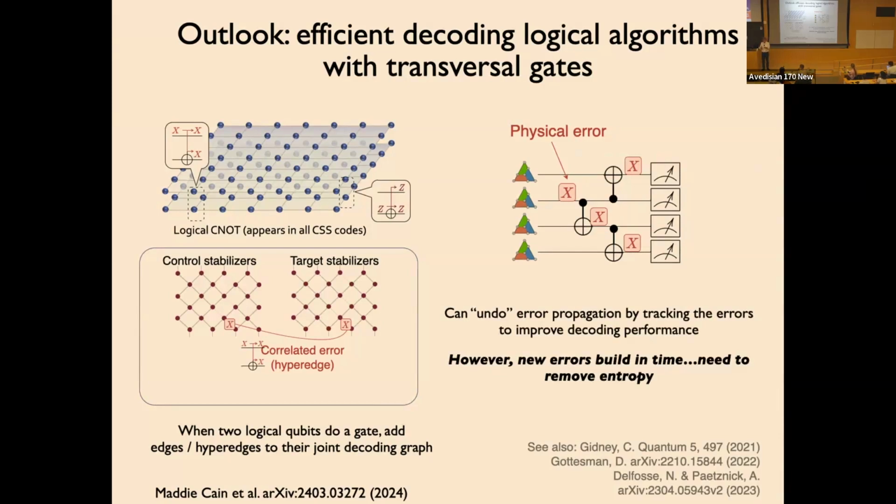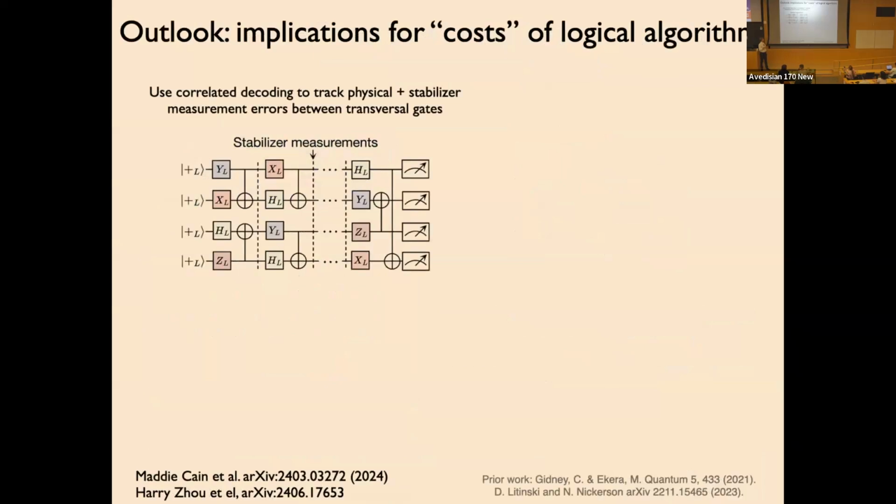So error correction is still needed; you need to reduce the entropy. And it turns out that if you do a Clifford circuit, by periodically doing these stabilizer measurements, you can precisely decode the circuit as a whole, and you can do it very efficiently.